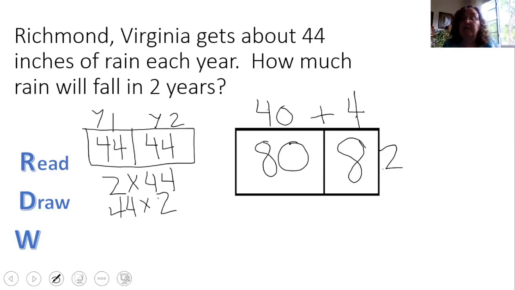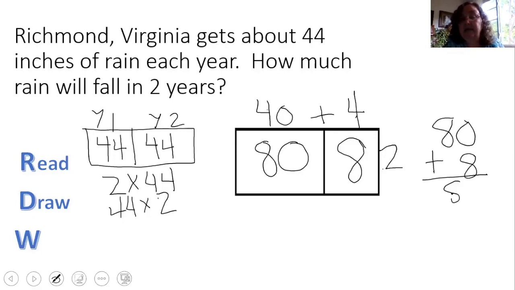Oh, but I still have to add them back together because we see at the top I took it apart. Now we have to put it back together. So I have 80 plus 8 would be 88. Am I done? There's my answer.